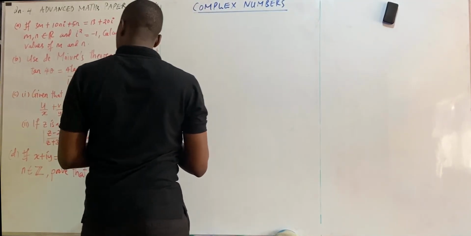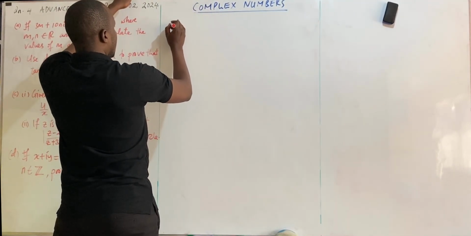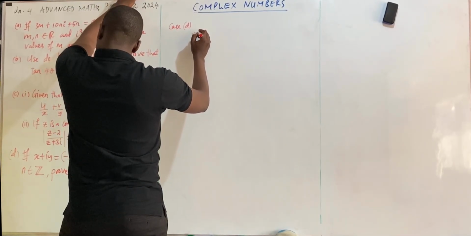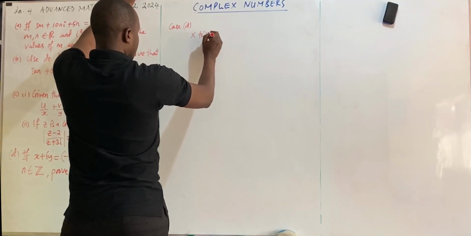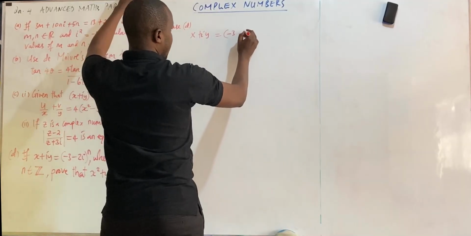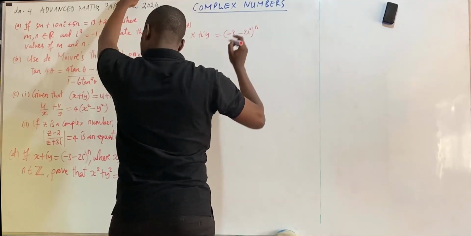So now in part D, we are provided with x + iy, which equals (-3 - 2i) raised to n.